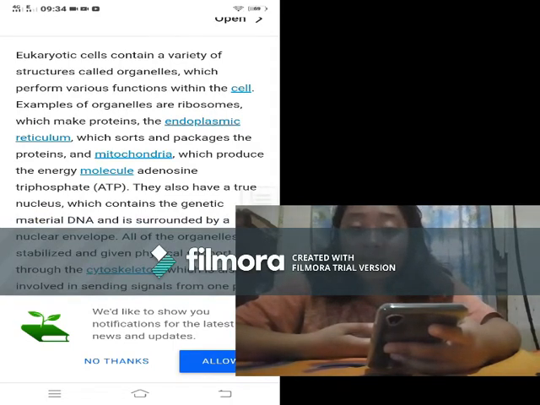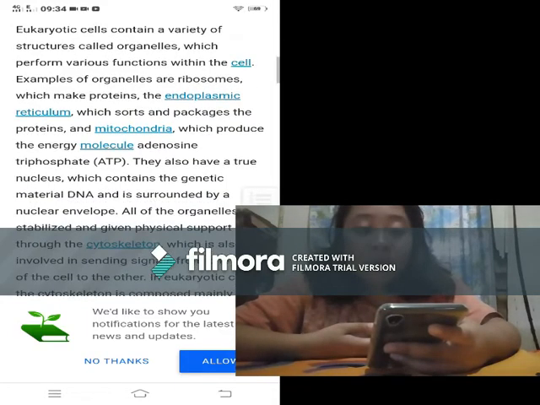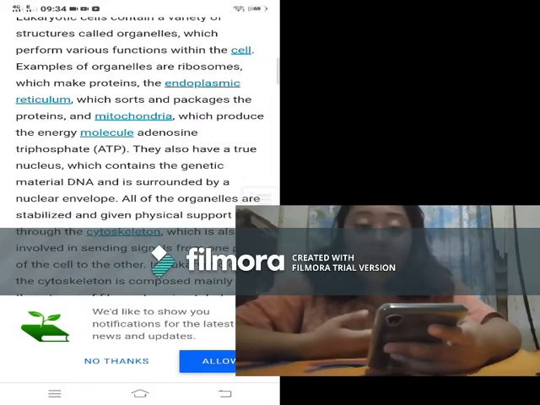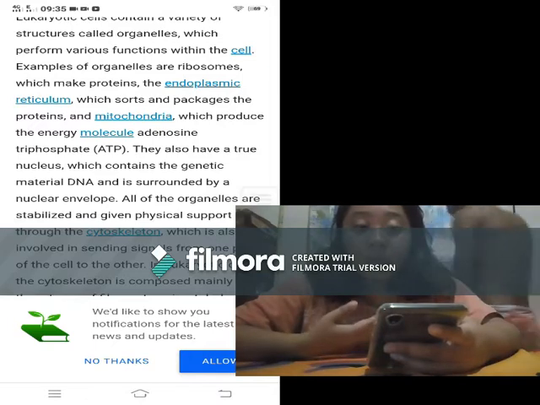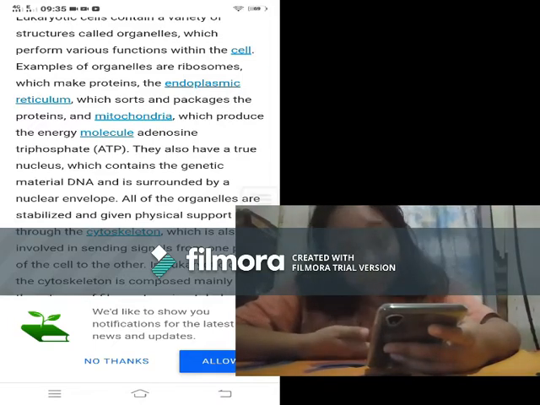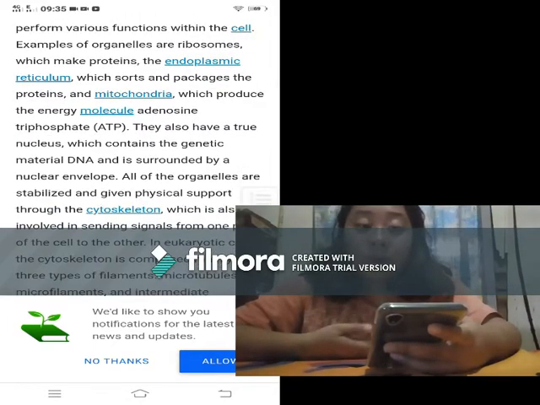Examples of organelles are ribosomes, which make proteins, the endoplasmic reticulum, which sorts and packages the proteins, and mitochondria, which produce the energy molecule adenosine triphosphate or ATP.